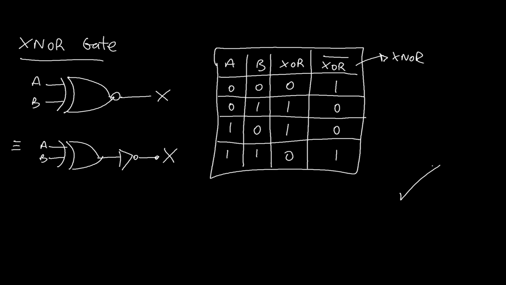Okay, good. Last one I want to talk about is called the buff gate. So buff is short for buffer, and we can think of a buff gate as this. Okay, so here's the output, here's the input.